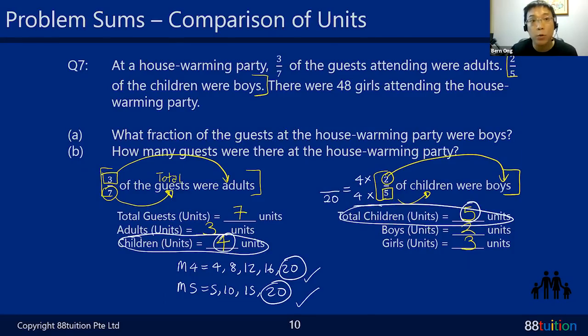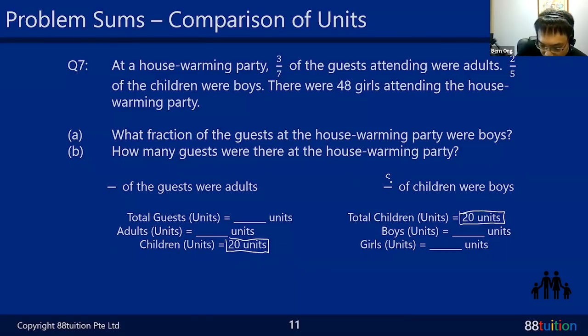Remember equivalent fraction. So 2 times 4 will be 8 over 20. So 8 over 20 are boys, whereby 20 represents the number of children and 8 represents the number of boys. So I can have 8 units of boys. Once again, 20 is the total, 8 is boys. That means girls is 12 units.